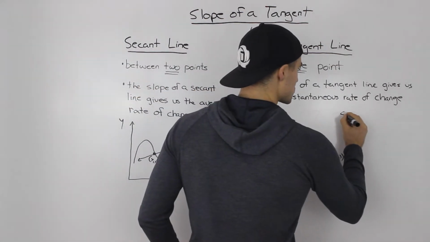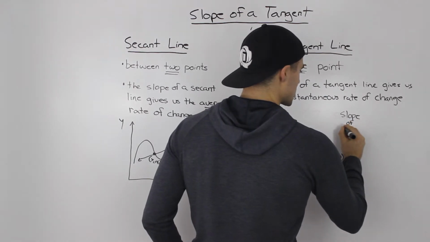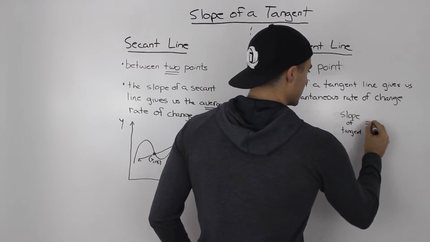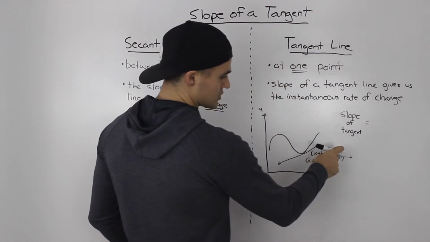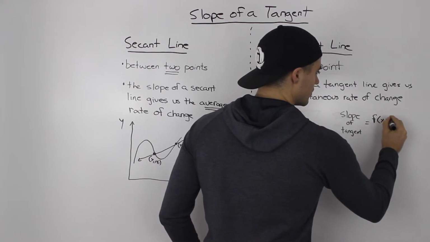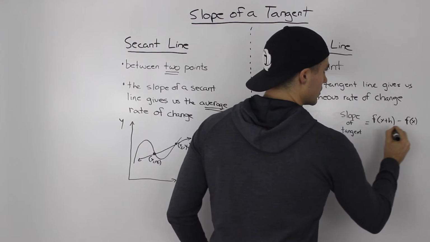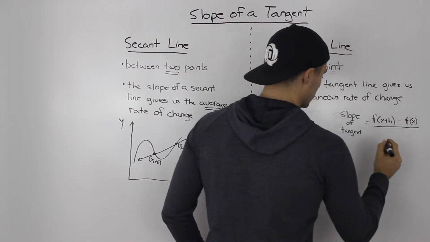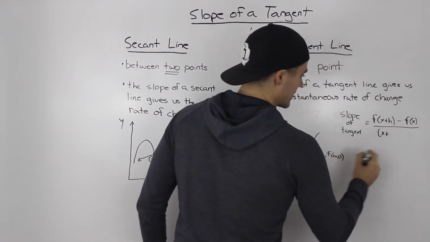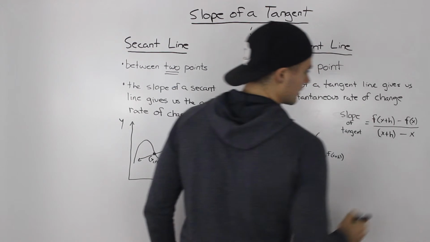So slope of tangent equals y2 minus y1, so f of x plus h minus f of x over x2 minus x1. So x plus h minus x.